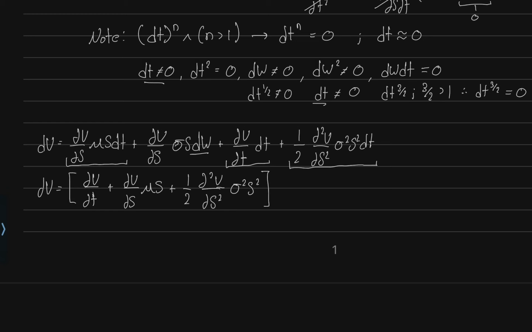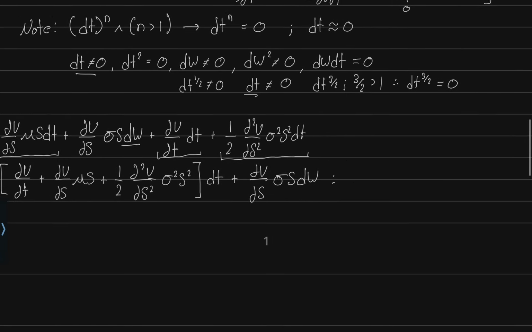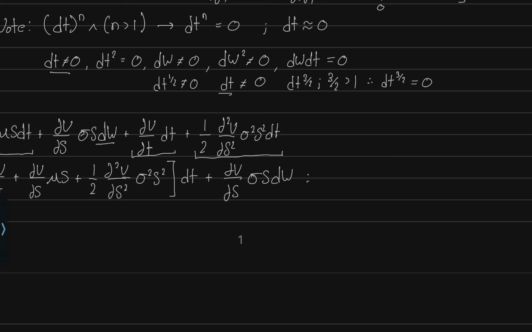And all of these are going to be my dt terms, and I have exactly one stochastic term, which is going to be my derivative of my financial derivative with respect to s times sigma s dw.